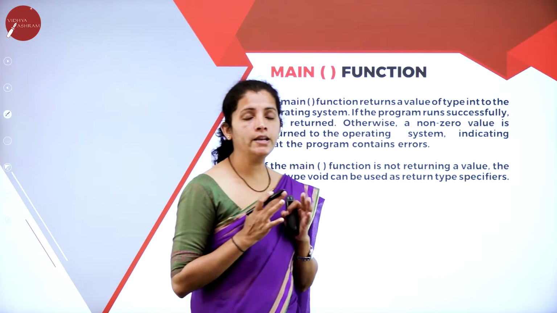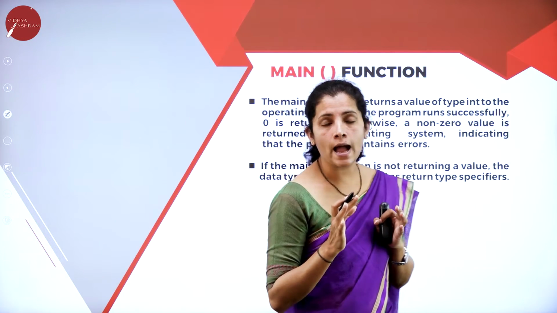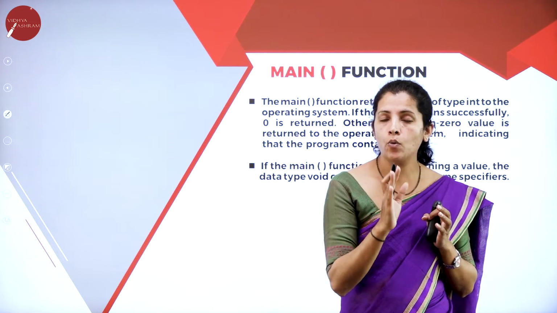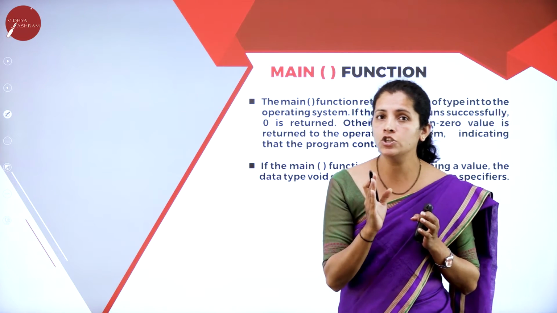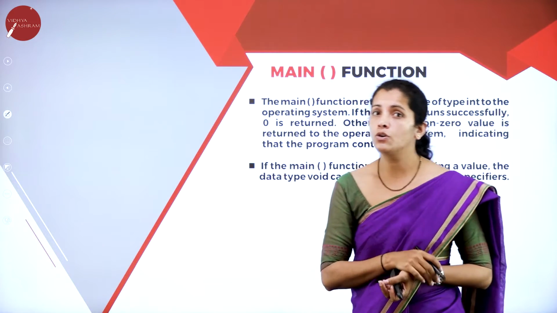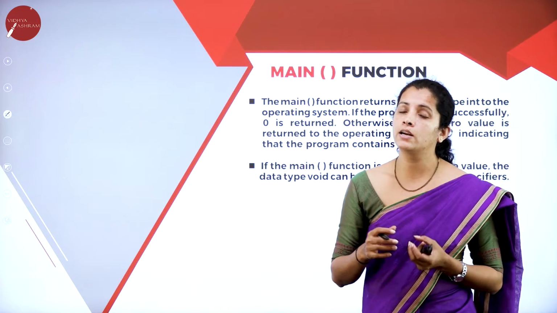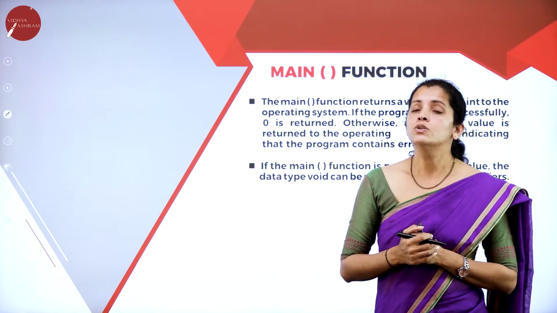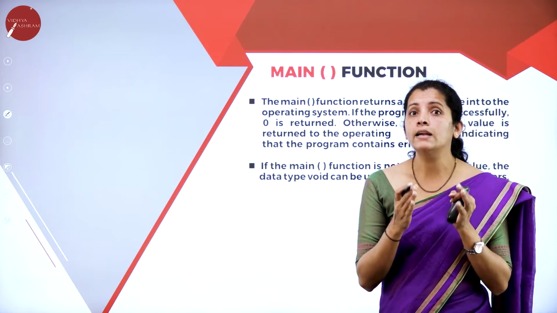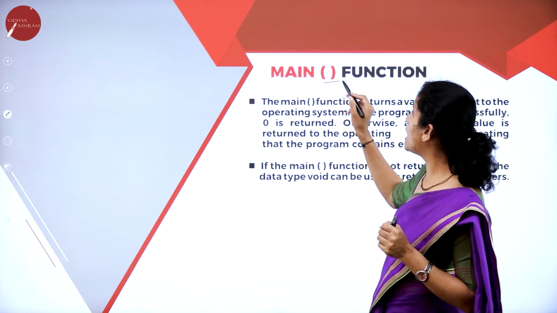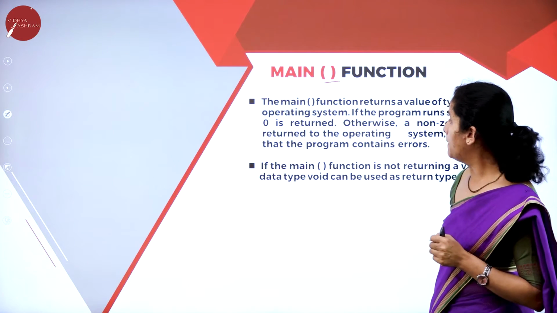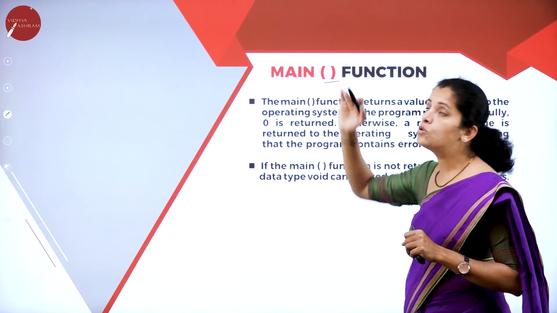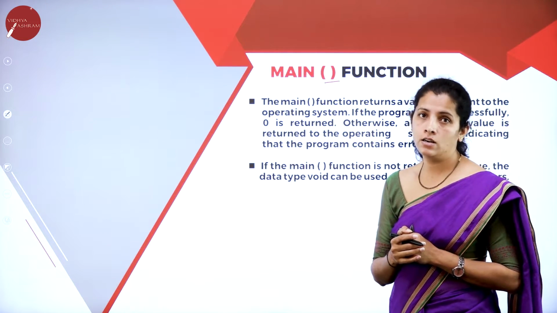Moving further, I'm going to have the main function. So dear student, just remember one thing, that each program is going to have only one main function and the actual execution of the program is going to start from our main function or our main program. To indicate that it is a function, I'm going to have opening and closing parenthesis, and this main function is also going to have a return type.